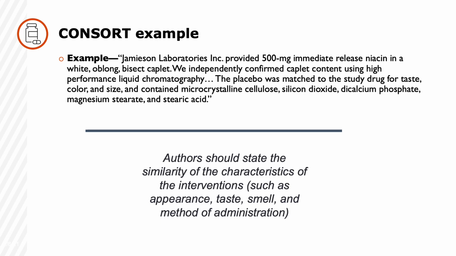So this is an example that represents what we want to see. Authors should clearly be stating the similarity of the characteristics of their intervention to their control, including characteristics such as appearance, taste, smell, and method of administration.